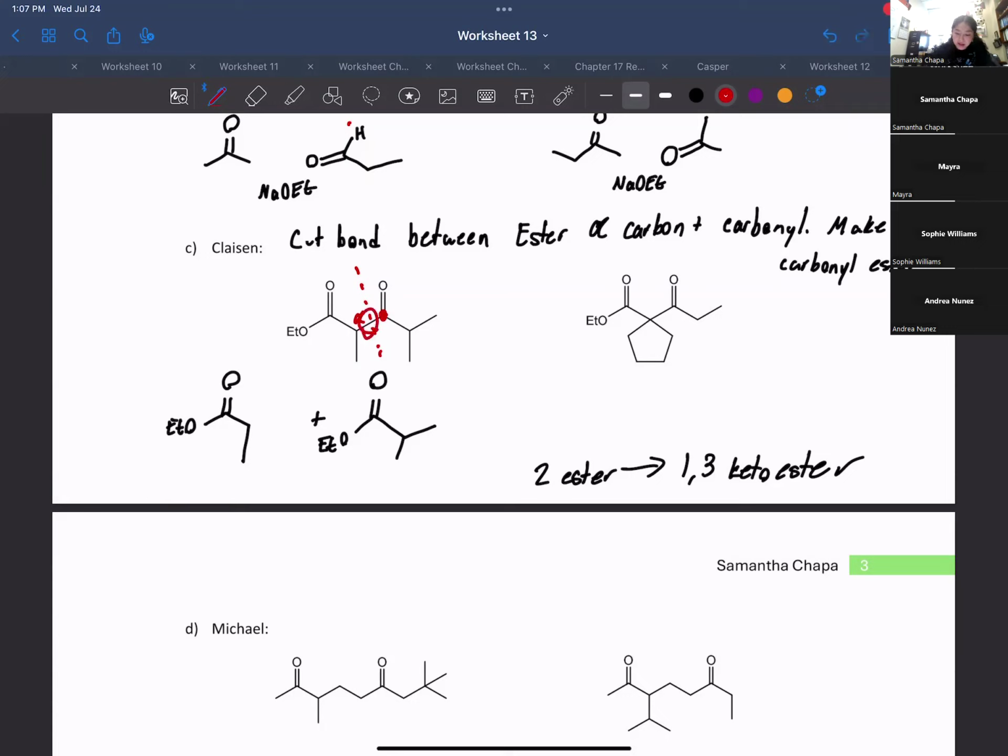And so then this bond is going to become the OEt part to make that other ester. A little confusing with the words, but that's pretty much the trick to know the two reagents that you're going to use to make your desired product with Claisen.